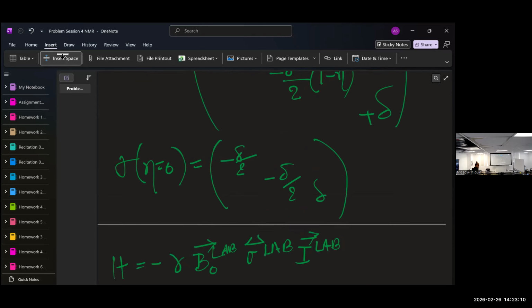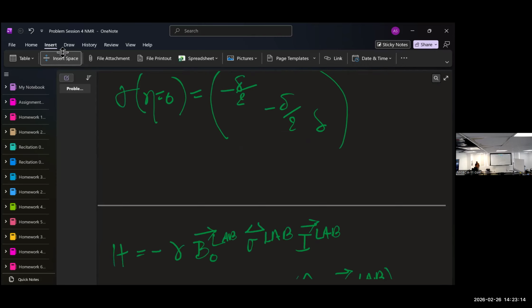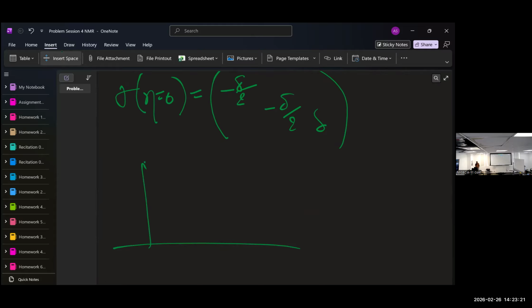And this is what gives you something that Anne has shown you in lecture, which is a familiar pattern, where you get this turning point at minus delta over 2 and this turning point at delta.